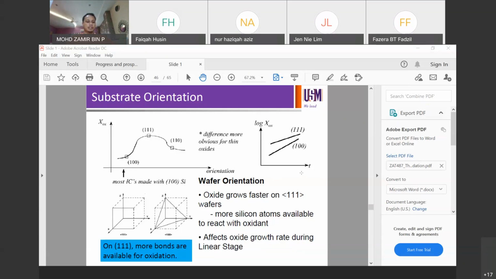On 111, more bonds are available because of the higher packing. Oxide grows faster on 111, so more silicon atoms are available on 111 in comparison to 100, therefore higher oxidation rate. Okay. So if you put a 111 wafer and a 100 wafer in the furnace at 900 degrees C, 1 hour, other settings the same, you're going to end up with higher oxide thickness on 111.